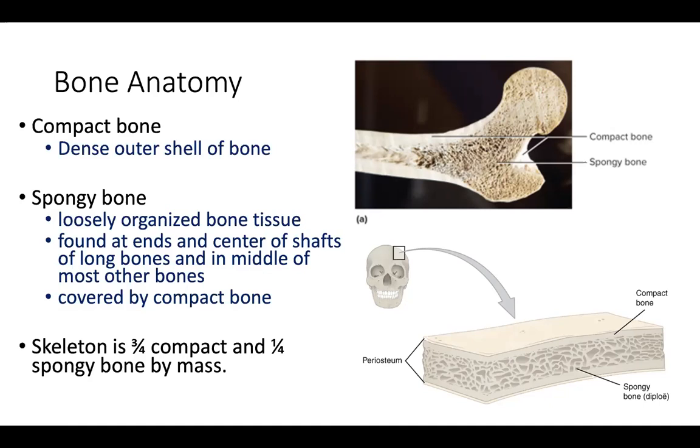So we're mostly compact bone, at least by mass. I'll go into some details on spongy bone in particular, probably on Monday. But for now, just know that spongy bone is in between an outer layer of compact bone.